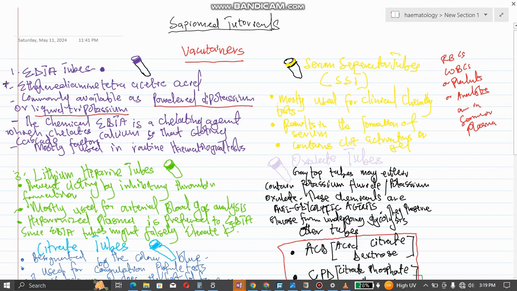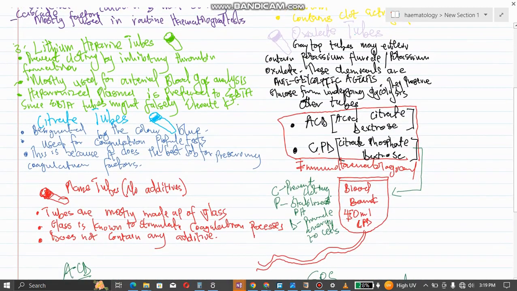So in the clinical laboratory setting, we have vacutainers or tubes. Examples are the EDTA tubes, we have the serum separator tubes, we have the lithium heparin tubes, we have the oxalate tubes, we also have the citrate tubes, and then we have plain tubes.